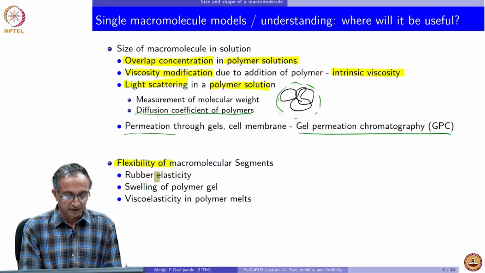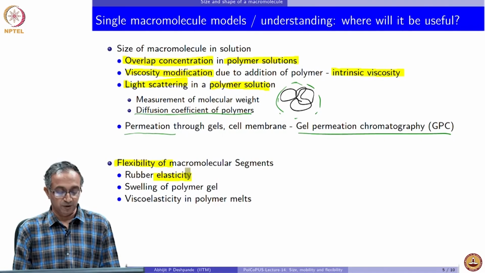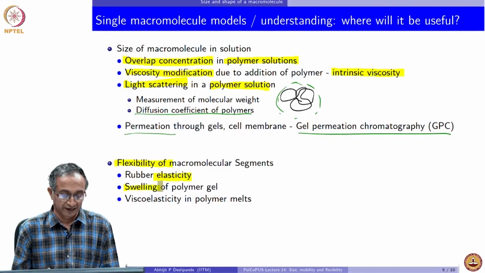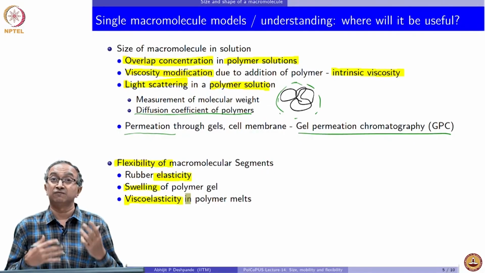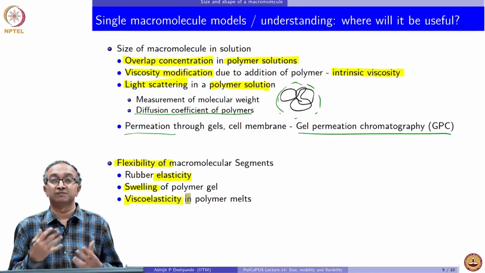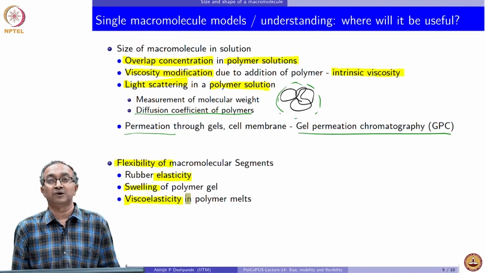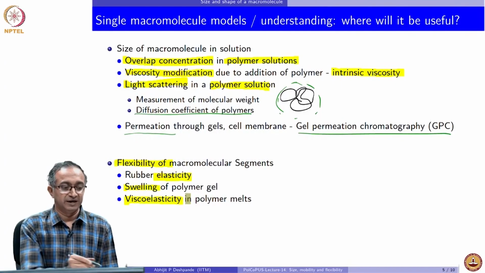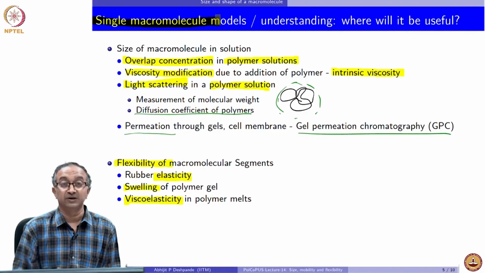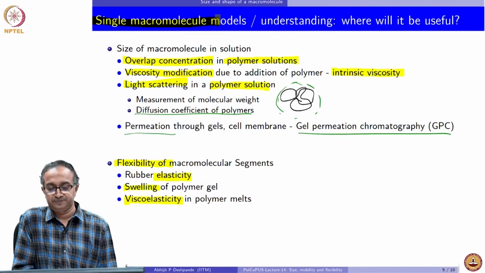So therefore, properties, mechanical properties, properties of how much a cross-linked polymer can swell, how much a hydrogel can swell, and how dynamics of polymeric chains influences the damping behavior or the viscous dissipative behavior in a polymer, or in short, viscoelasticity of polymers. All of these are extremely important features that can be answered by just looking at single macromolecule models that we have described so far.